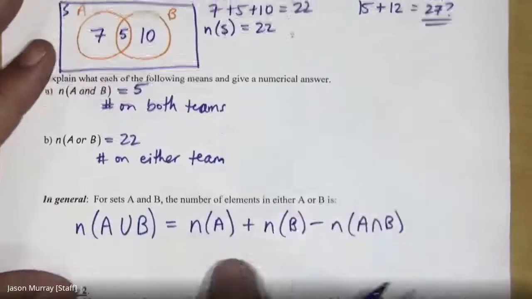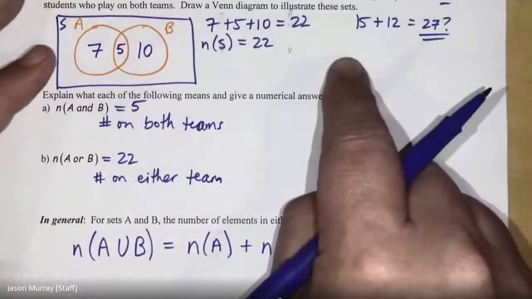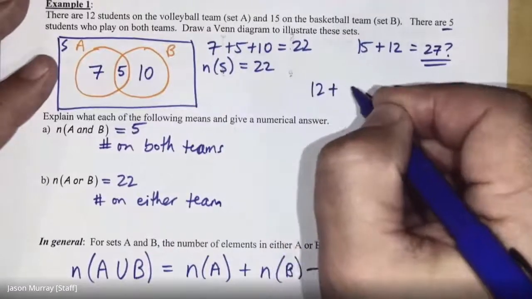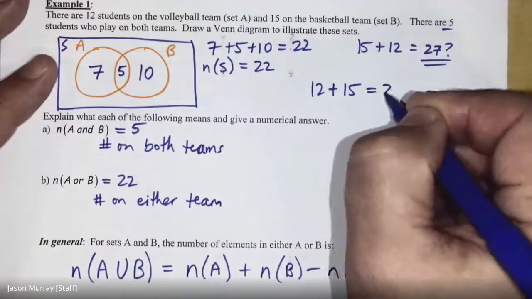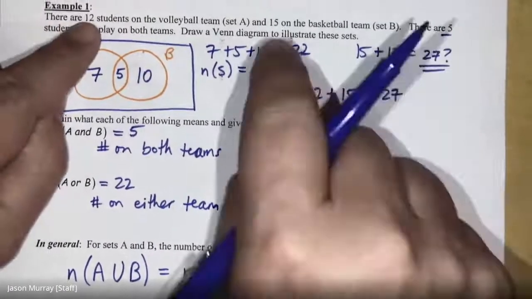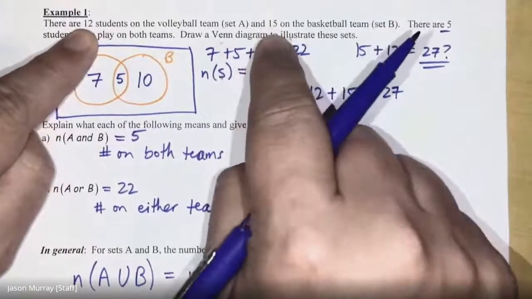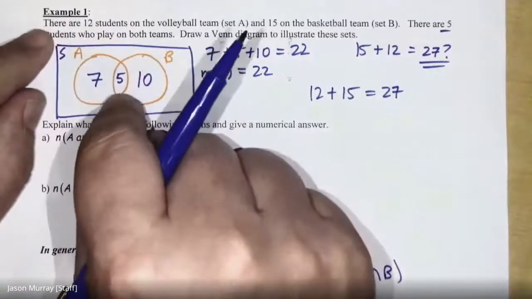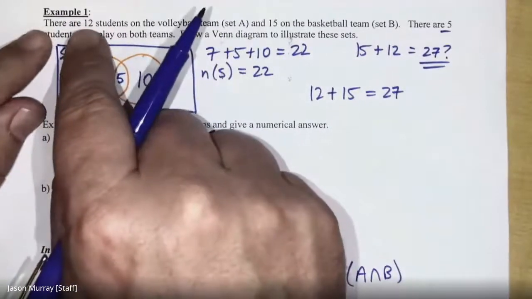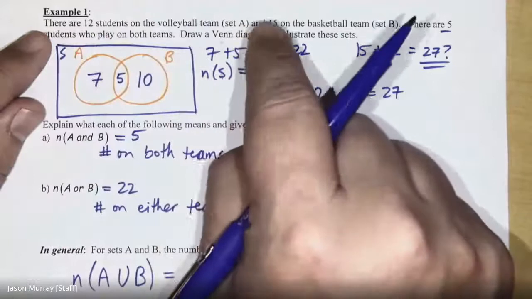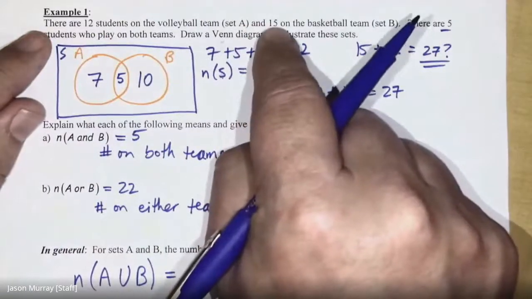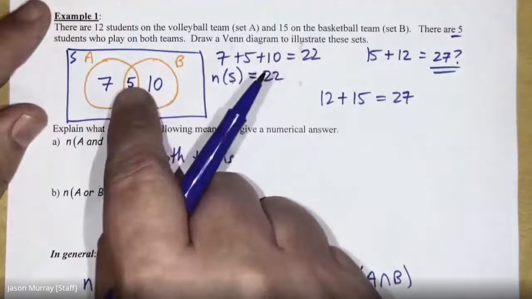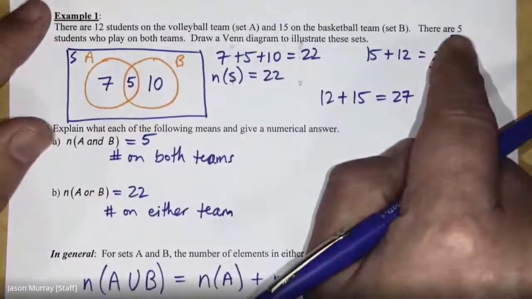Okay, let's think about how this applies back up here, right? If we have accounted for 12 plus 15 students, which is 27 students already, that's when I added the number in A and the number in B up. The problem with doing that, though, is that you've accounted for these 5 in the middle, not once for the volleyball, but twice for the basketball team. So in essence, you've double counted those 5 in the middle, the 5 that play on both teams, right?